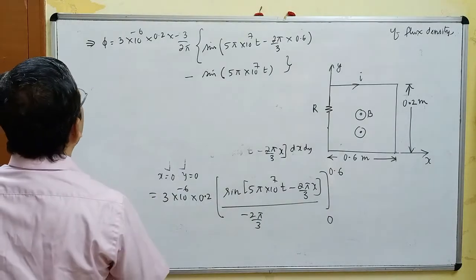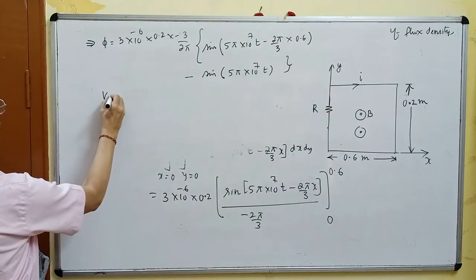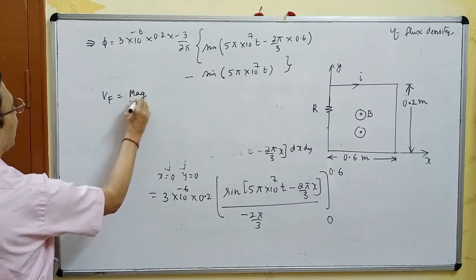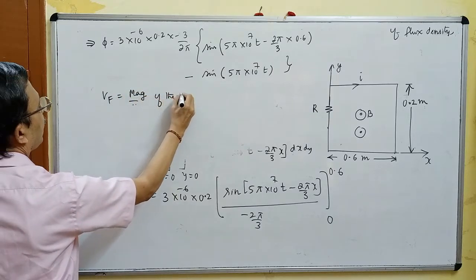So this is the expression for phi. Then what is Vf? Vf is equal to magnitude of the induced EMF.